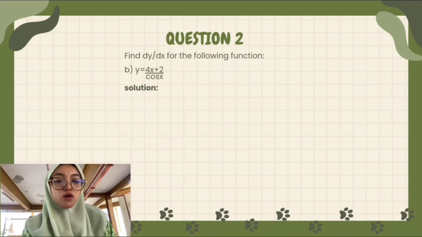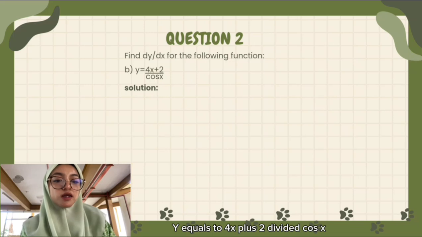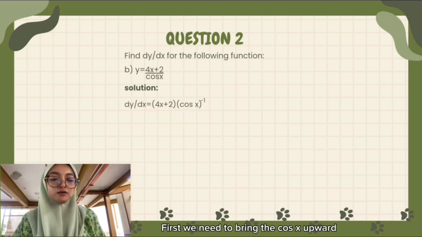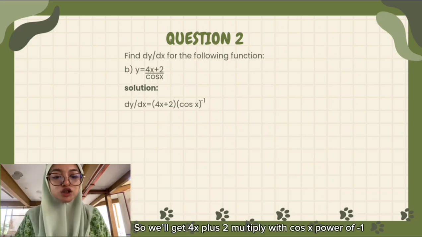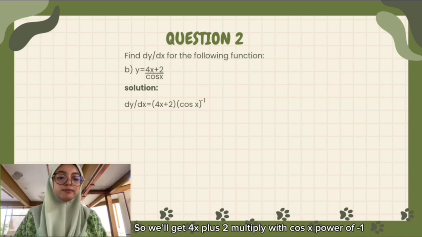For question B, y equals 4x plus 2 divided by cos x. First, you need to bring the cos x upward. So we will get 4x plus 2 multiplied by cos x to the power of negative 1.